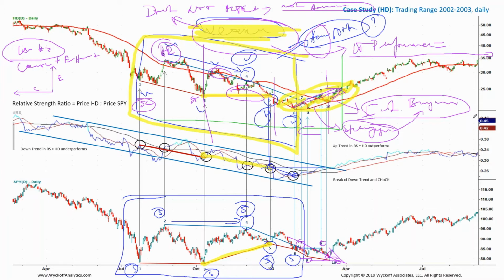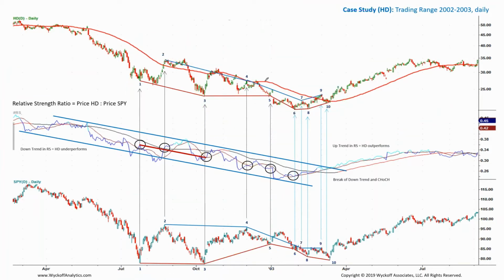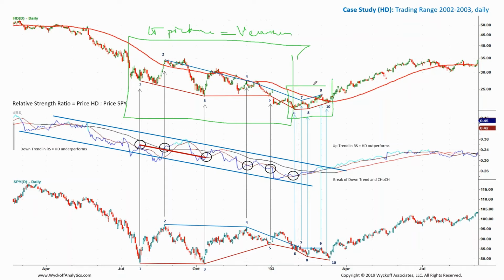Let me just redraw this. So 2 portions to this trading range. Long-term picture, weakness. Short-term picture, outperformance or strength.